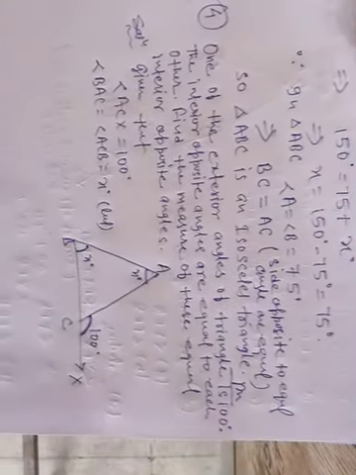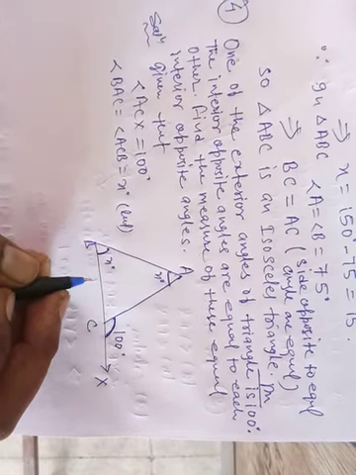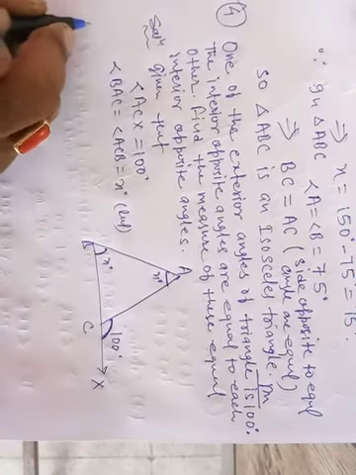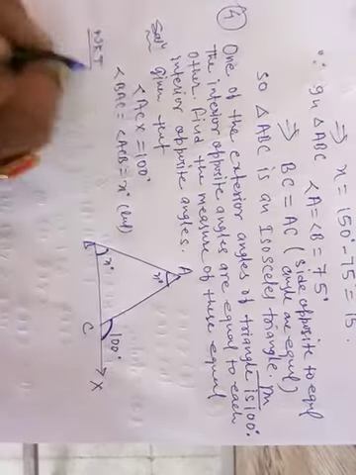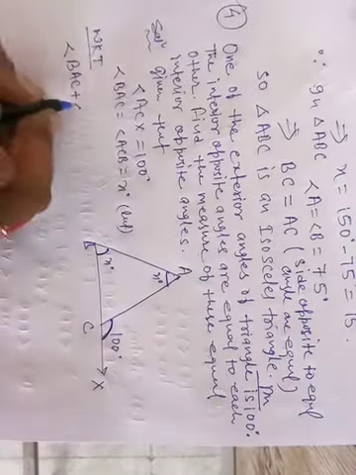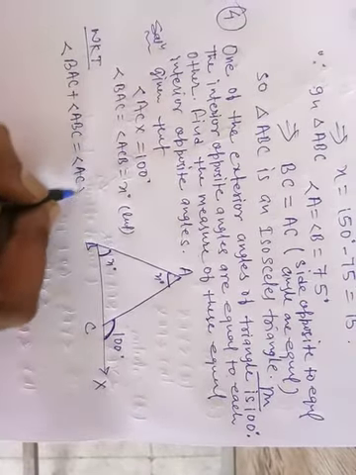This is let. Now we know that angle BAC plus angle ABC is equal to angle ACX.